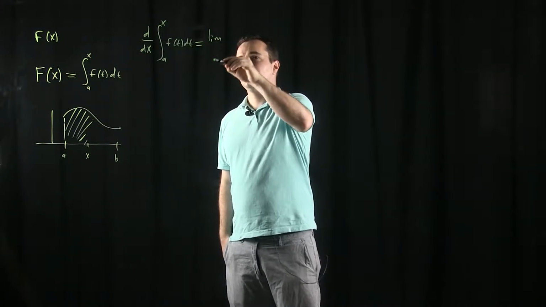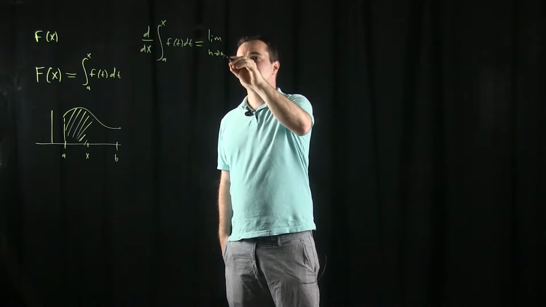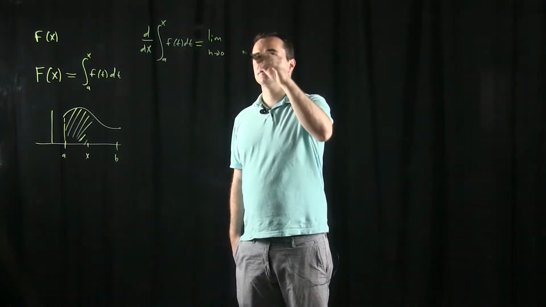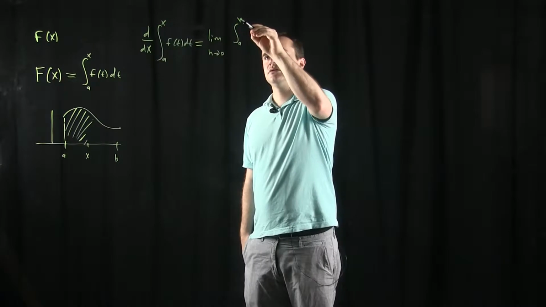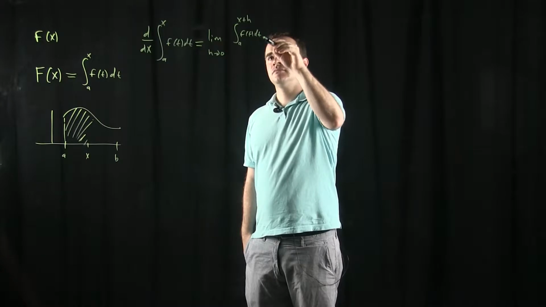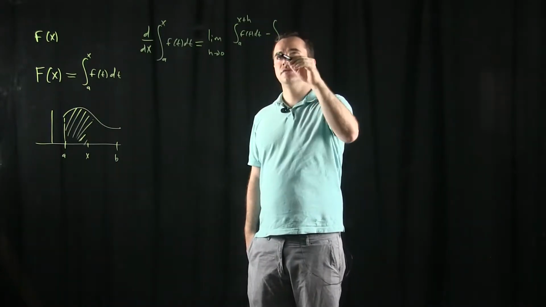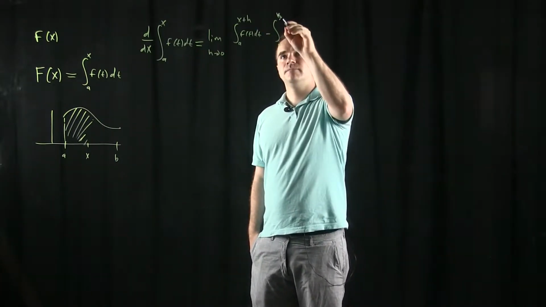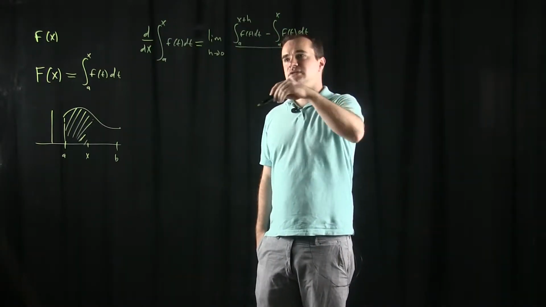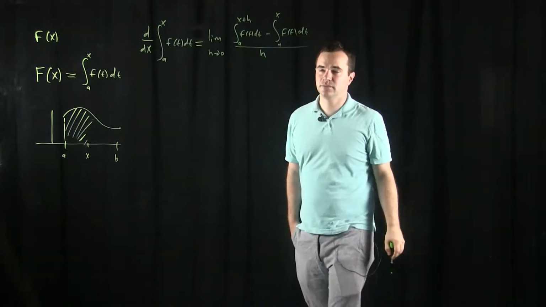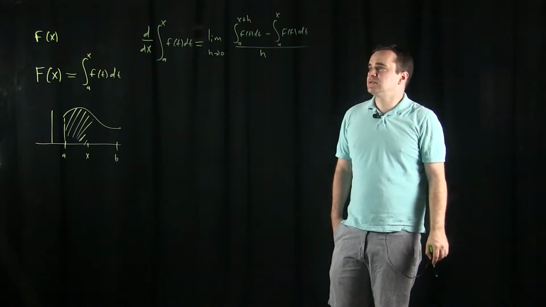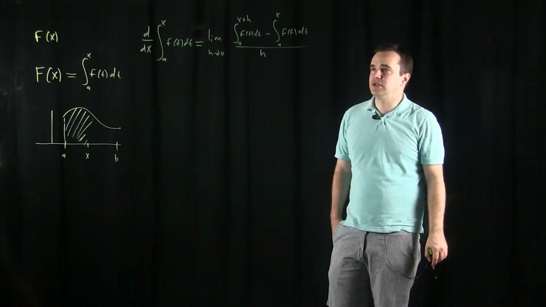I'm going to use the limit as h goes to 0 of the integral from a to x plus h of f of t dt, minus the integral from a to x of f of t dt, and then everything divided by h. So I have to calculate this limit and show that it's equal to little f of x.